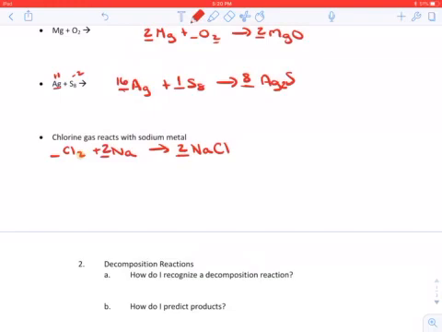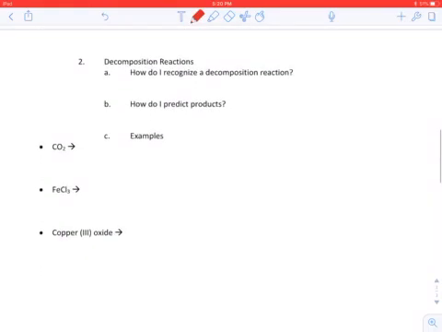Okay, so that's synthesis. Let's see if we can't reverse that with decomposition. So first off, how do we recognize we have a decomposition reaction? Well, a decomposition reaction is very easy to identify. We have one reactant. If we only have one thing on the left side, one substance on left side of arrow, we know it is a decomposition.